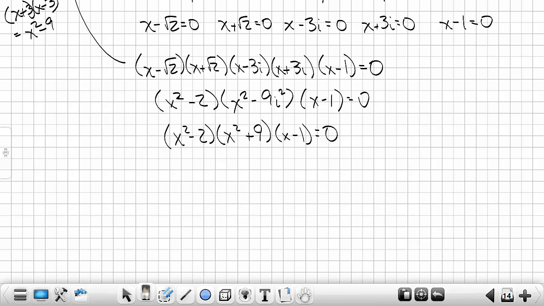Okay. All right, guys. At this point, there are no shortcuts. We simply have to distribute and combine like terms until we're done. I'm going to leave that x minus 1 for last for sure.